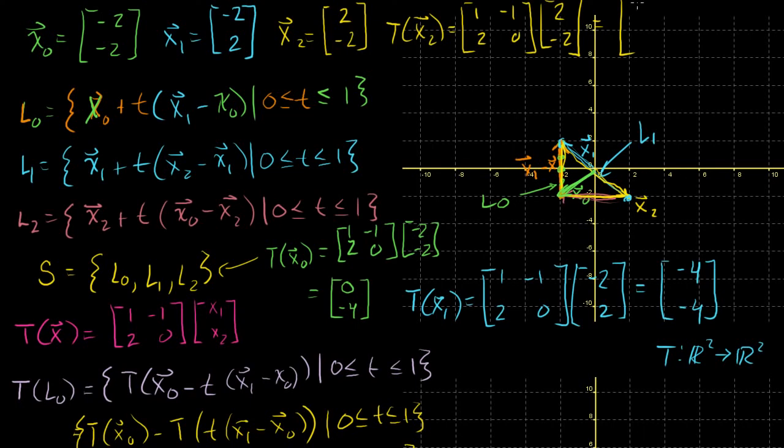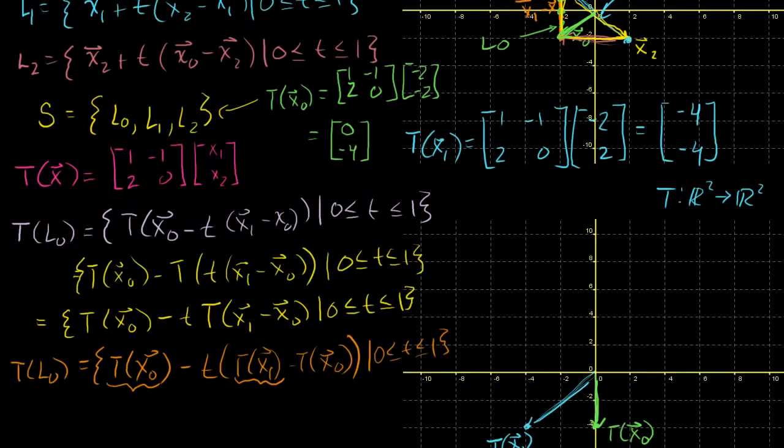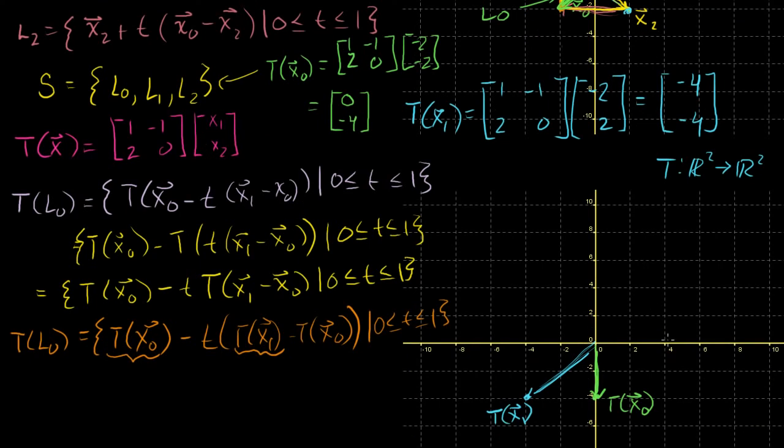So it's 2 plus 2 is 4. And then 2 times 2 is 4, plus 0 times minus 2. So it's 4, 4. So the transformation of x2 is 4, 4. It's this point right here, 4, 4 right there. That's the vector right there.